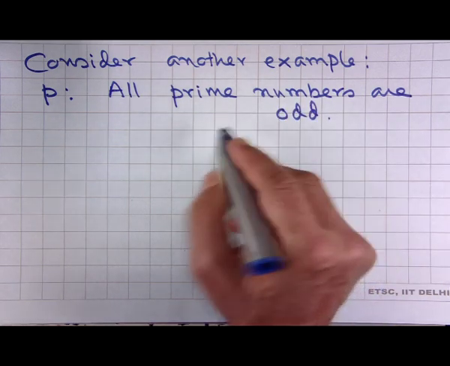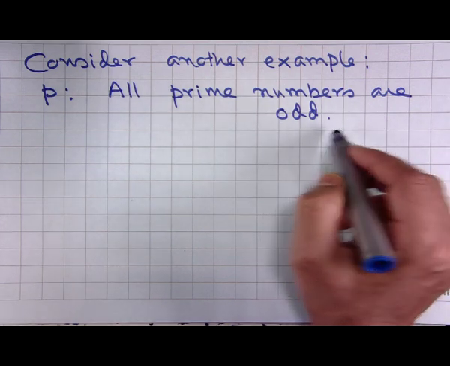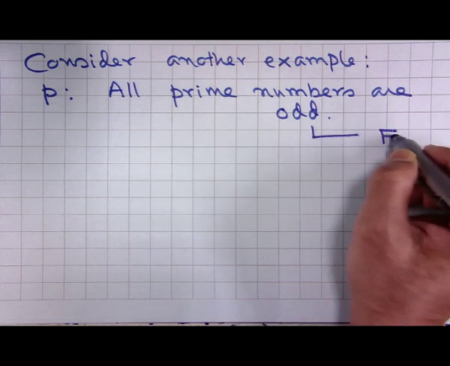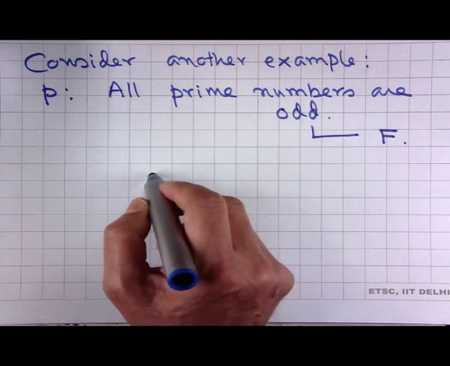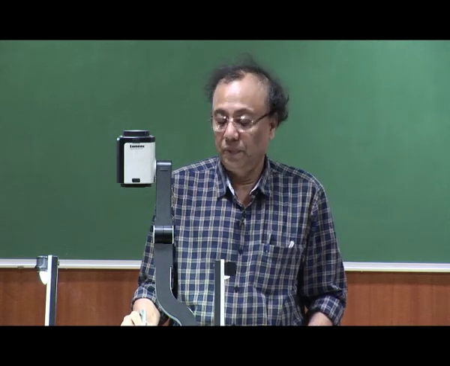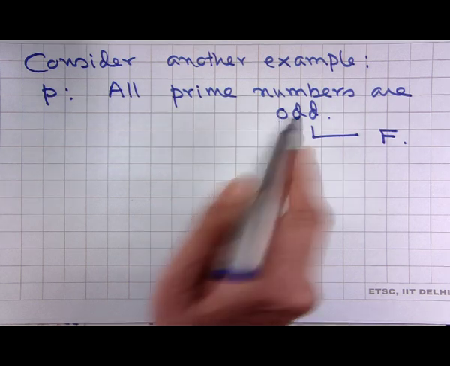So, its truth value we know is false, because we know that 2 is a prime number which is not an odd number, rather it is an even number.